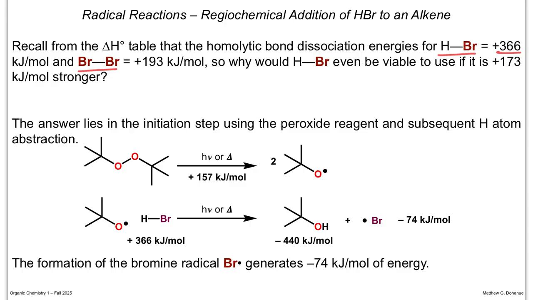And that relates to using the peroxide in the reaction to change the product distribution. So this particular peroxide is tert-butyl, so di-tert-butyl peroxide. That bond dissociation energy is plus 157, so it's even lower than bromine to begin with. And that means when it cleaves, we form two of these tert-butoxy radicals.